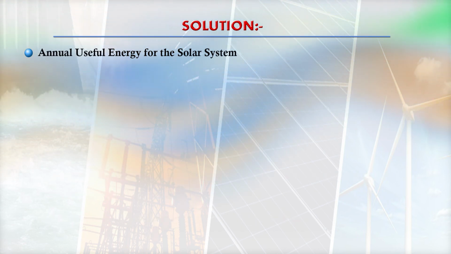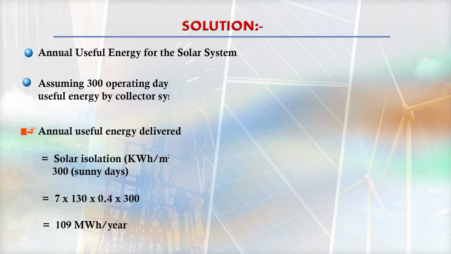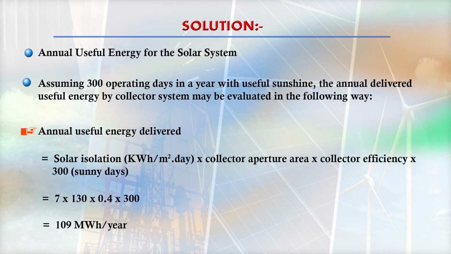First you calculate the annual useful energy delivered from the solar drying system. Here assume 300 operating days in a year with useful sunshine.